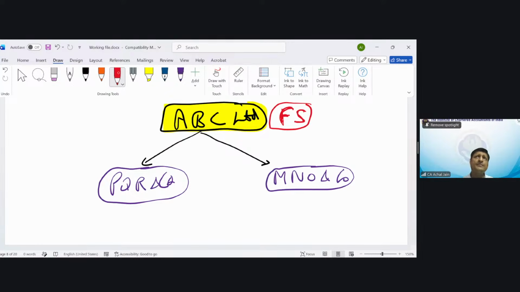Now, how does it work? There will always be a division. So, you can say PQR is going to audit a part and MNO is going to audit the other part.